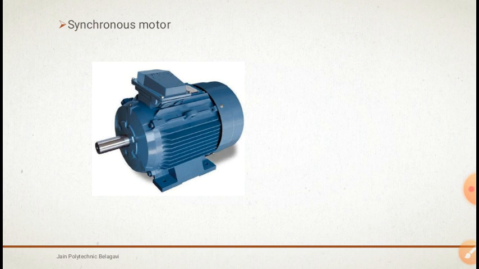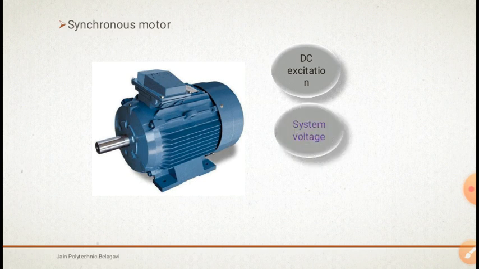Synchronous motors are similar to the synchronous generator in construction. They have DC excitation and draw AC power from the power system and convert it into mechanical power. When a fault occurs, the voltage becomes very low, considerably reaching 0.